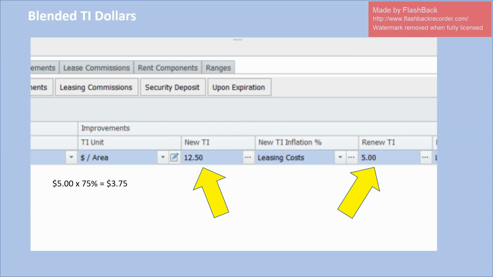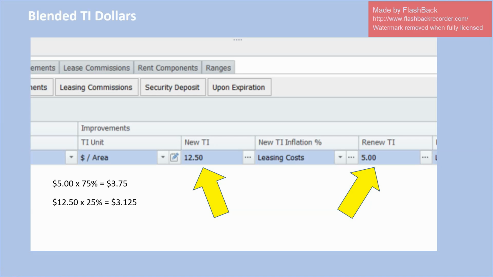So you'll see the way Argus is calculating this is it's taking 75% times that $5 amount to give us $3.75 plus $12.50 times the 25% amount, which is $3 and call it 13 cents. Argus is not going to round that, so it's going to give you an exact figure. And basically you just add those two figures together to get your blended TI amount.